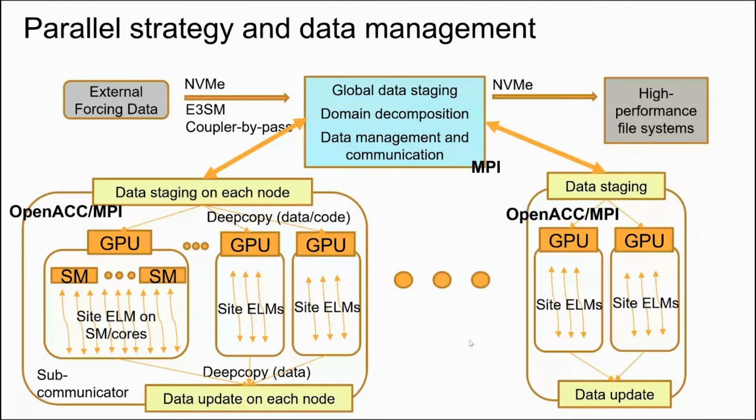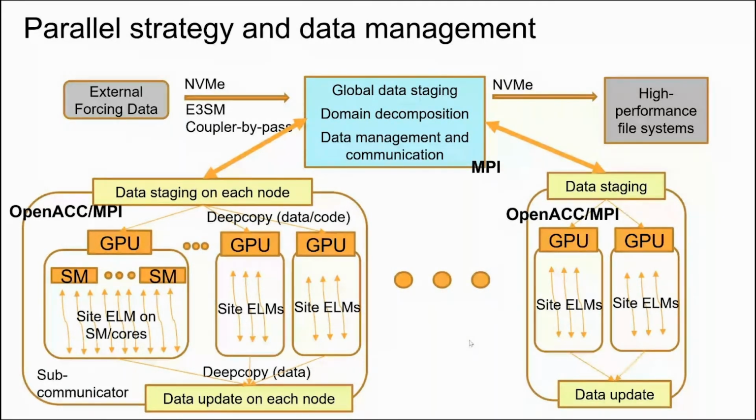We are putting as many grid cells on each GPU device as we can, and that ends up being limited by the memory on the GPU device, so the 16 gigabytes of shared memory per device.